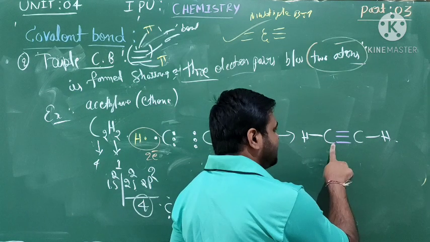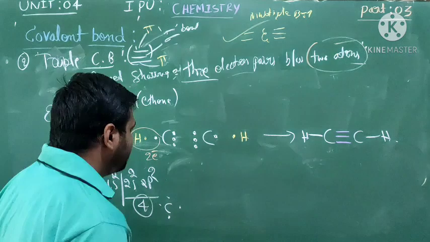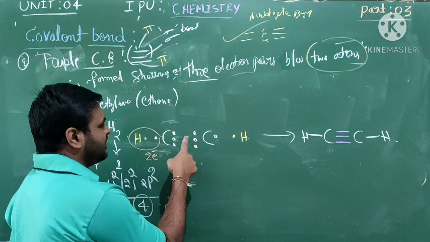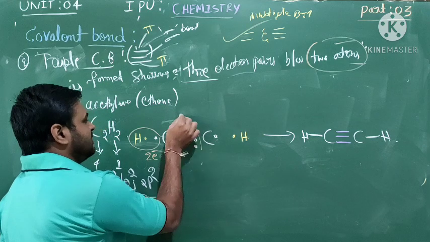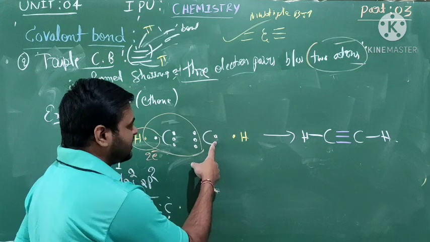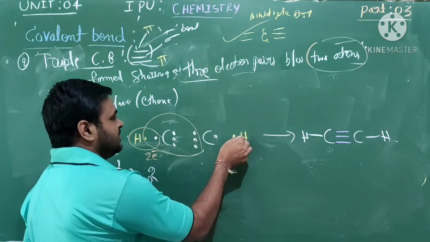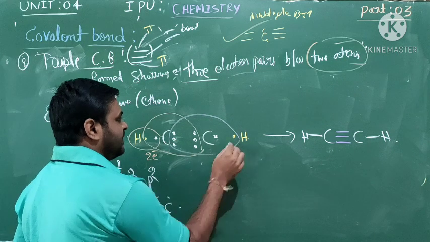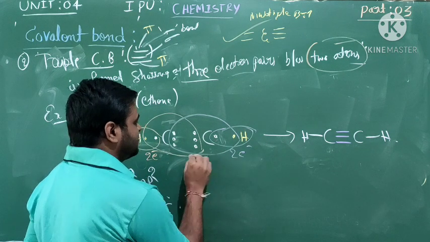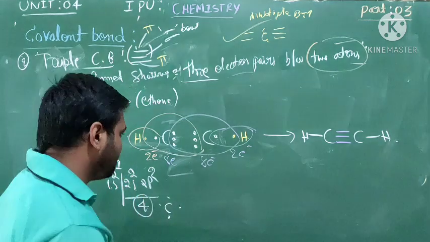Consider the carbon's 3 bonds and this one bond only. So carbon has 8, and this carbon also has 8. Hydrogen has 2 electrons. These are the stable electron configurations.